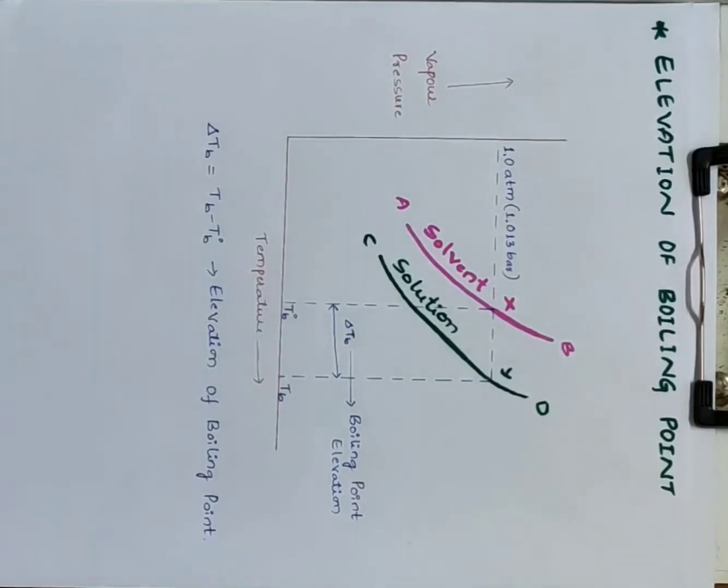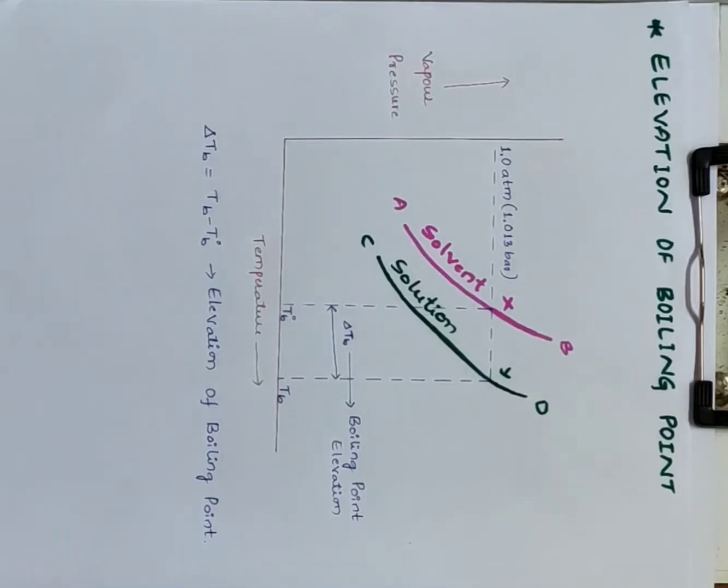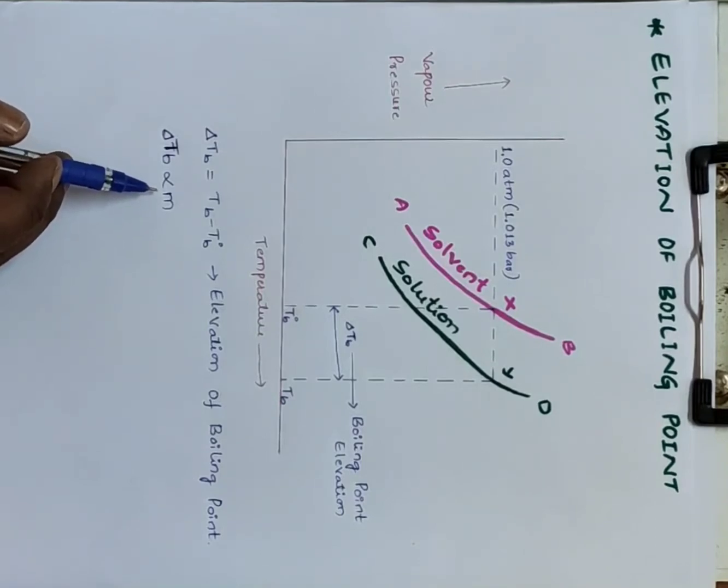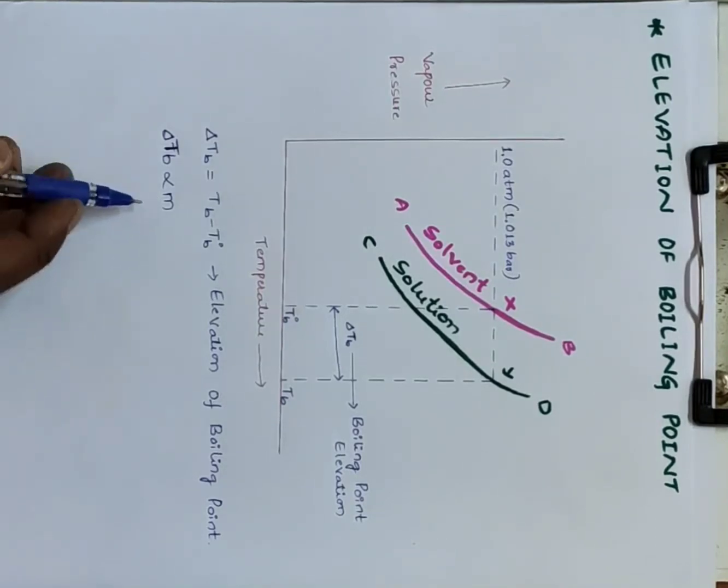Experiments have shown that for dilute solutions, the elevation of boiling point, that is delta TB, is directly proportional to the molar concentration of the solution. So delta TB is directly proportional to molar concentration.